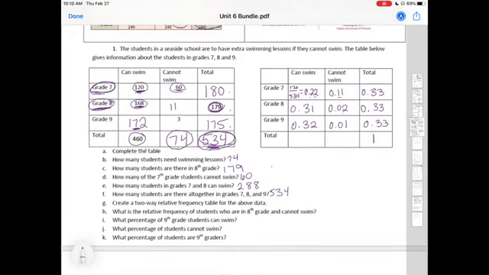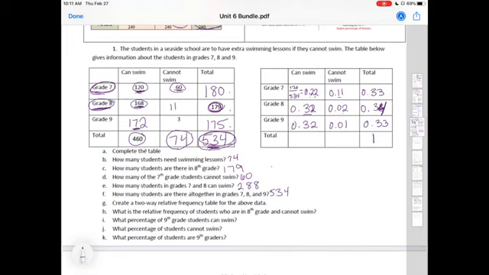I think it was 8th grade can swim. So let's do 168 divided by 534 again. That's 0.3146, and that 6 can round the 4 to a 5. So let's make this 32, which will make this 34.